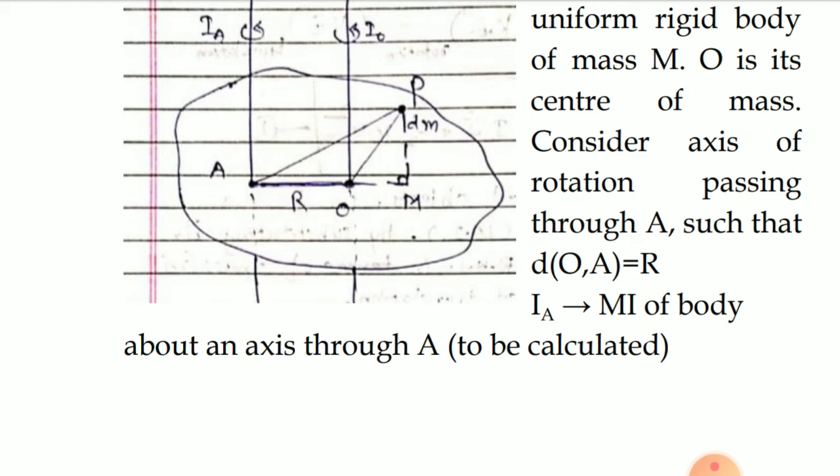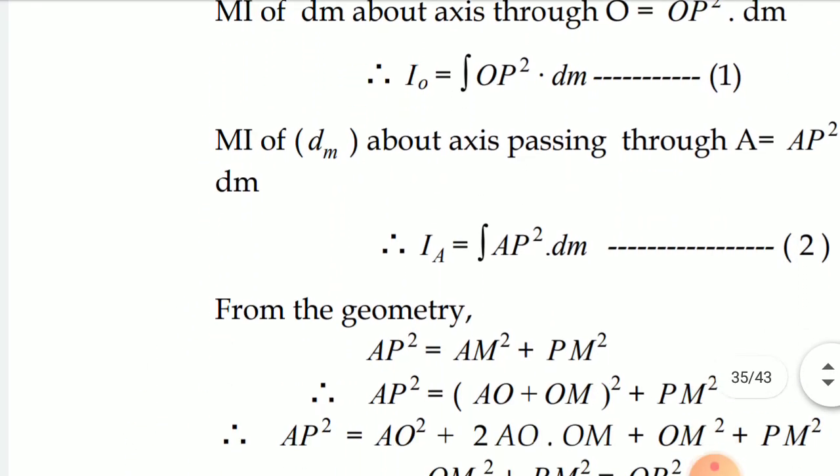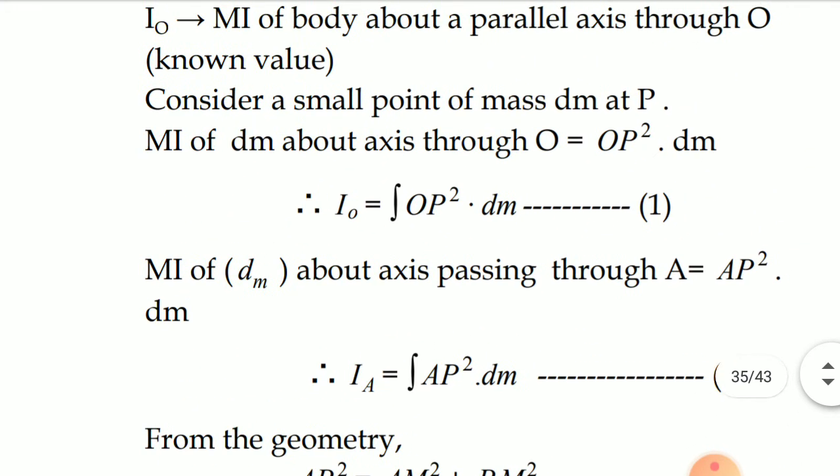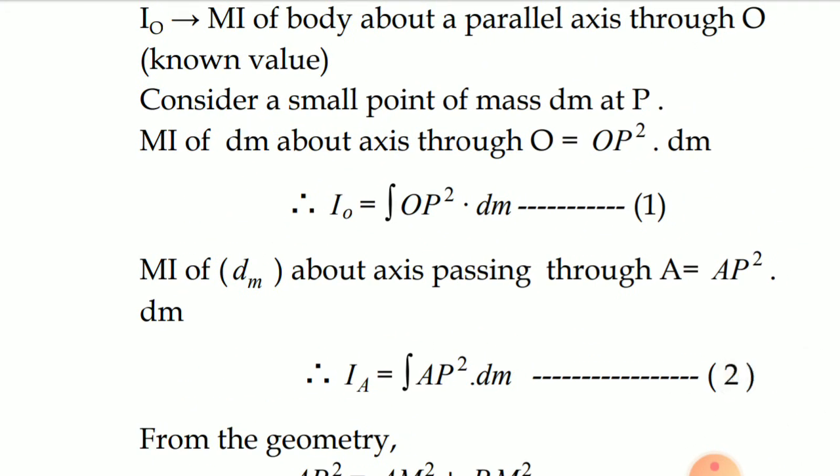Whereas the total MI about the axis passing through O, that is IO, will be equal to the integration of all such OP squared dm's. So the MI of dm about an axis passing through O is OP squared dm, then the total MI IO is equal to the integration of OP squared dm.